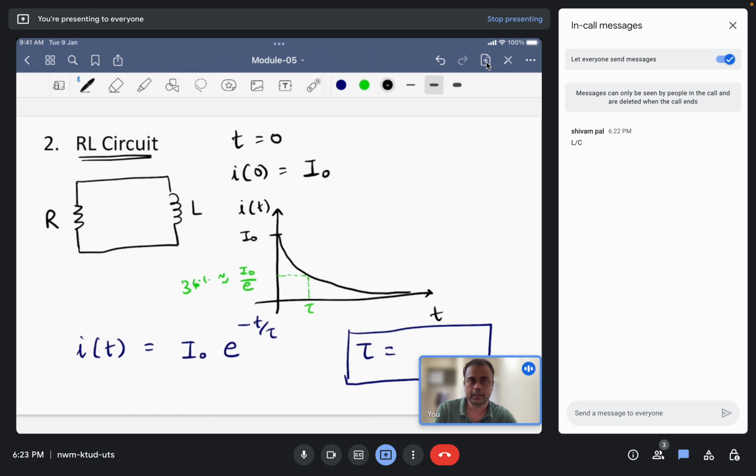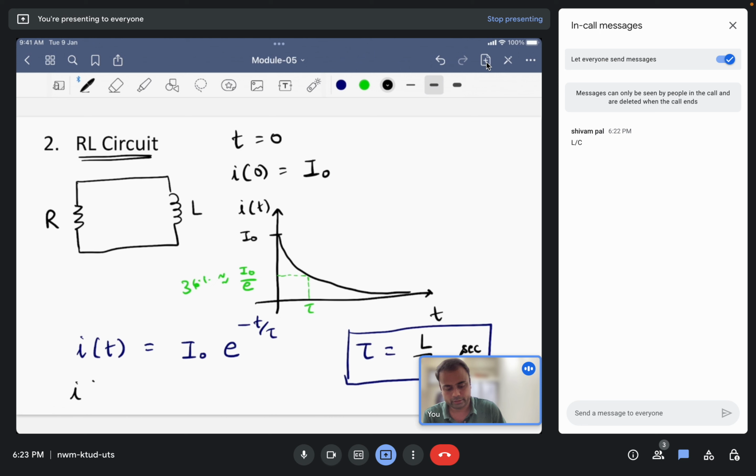So since this is an RL circuit, we'll be looking right now at first order circuits. The time constant in the case of an RL circuit will be L divided by R, and the unit will be seconds.